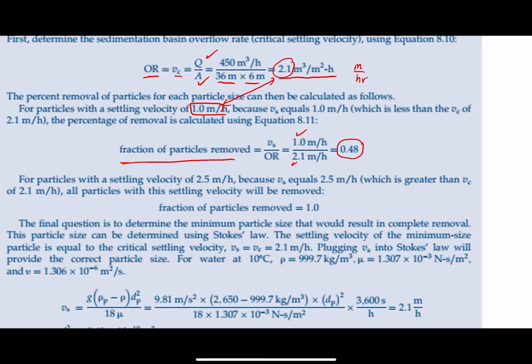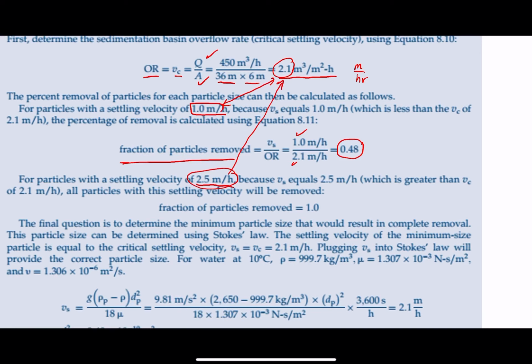Let's look at the second particles with a velocity of 2.5 meter per hour. Again, 2.5 meter per hour, and the OR is 2.1. Oh, this is greater than the overflow rate. Okay? All particles with this settling velocity will be completely removed.